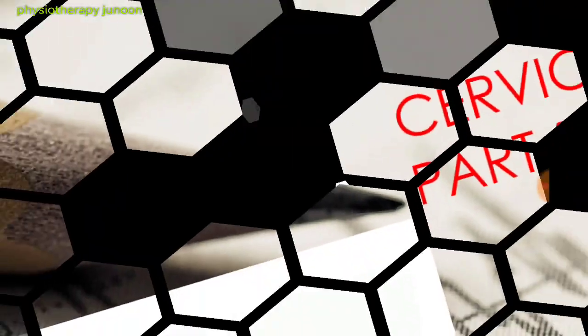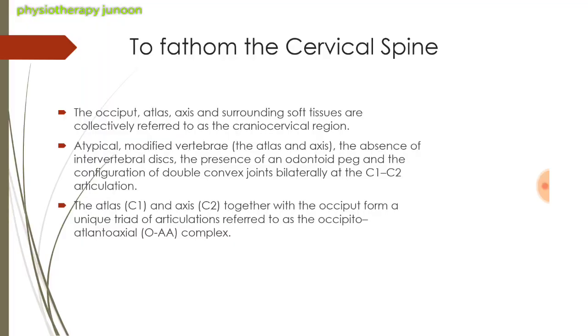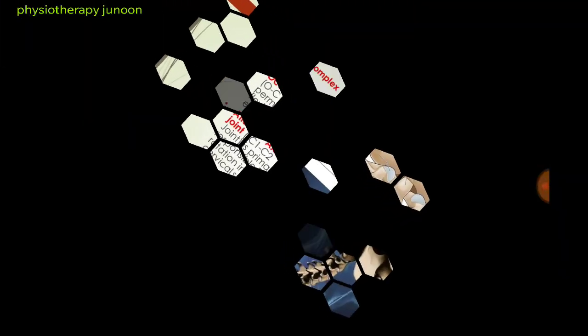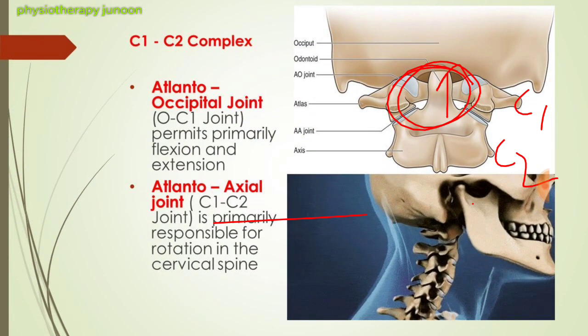Here again we see the axis. The axis, or C2, is easily identifiable. Why? Because the anterior arc of the atlas articulates with the dens, creating the median atlantoaxial joint. This allows the rotation of the head independently of the torso. And the spinous process of C2 we can feel by palpation.